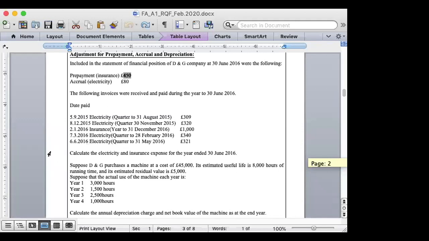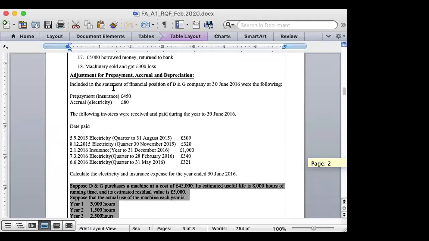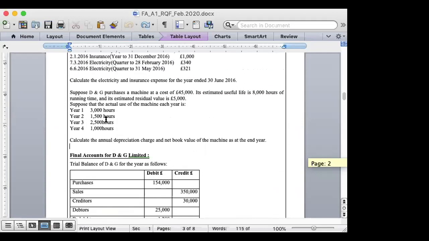Besides prepayments and electricity, we have some other information to calculate the depreciation. So the idea is that this question has three parts: prepayments, which is here, accrual, which is here, and depreciation, which is this part.